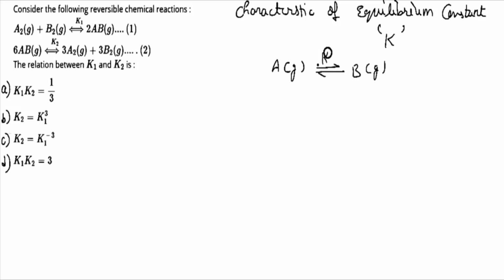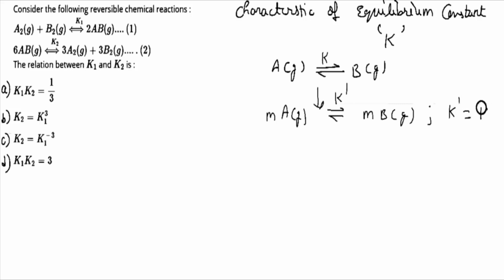Let's say the original equation has equilibrium constant K. Since I multiply the whole equation by M, the new equilibrium constant K dash is equal to K to the power M. So this is the first characteristic of the equilibrium constant.